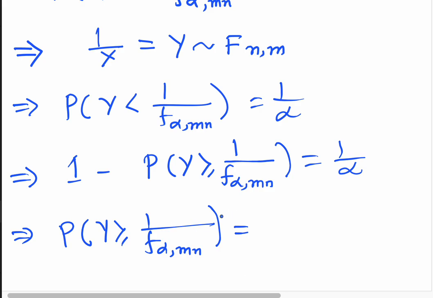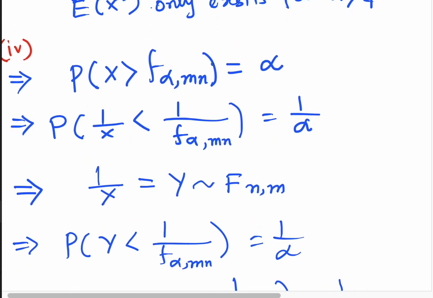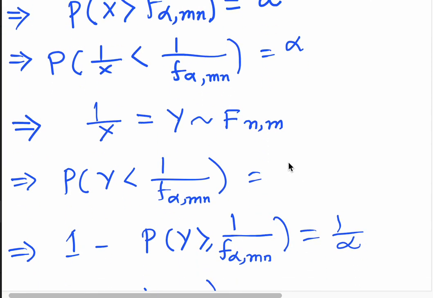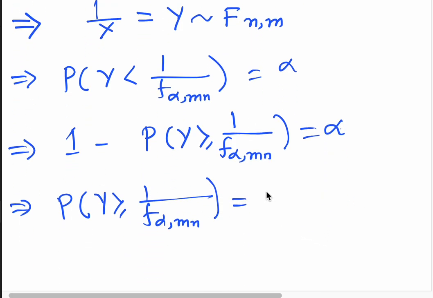Let me see. Okay, I did it wrong. I think this is alpha only, not 1 by alpha. So this is alpha. Okay, so this is 1 minus alpha, and we can write 1 minus alpha as the probability of y greater than or equal to F alpha m n.